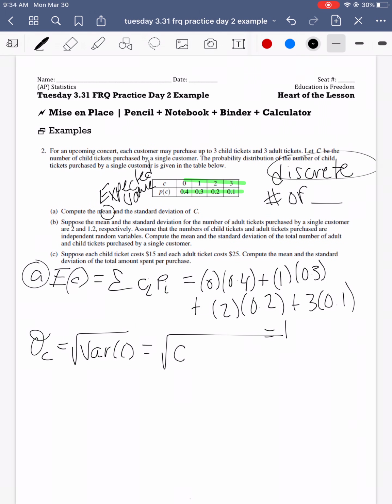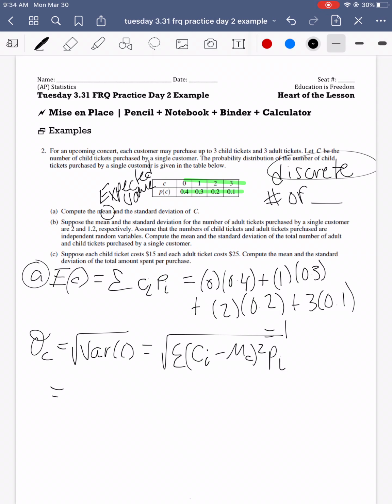So c sub i minus mu sub c, quantity squared, and then the summation, times our probability. So we keep adding until we've exhausted all the rows in the table.